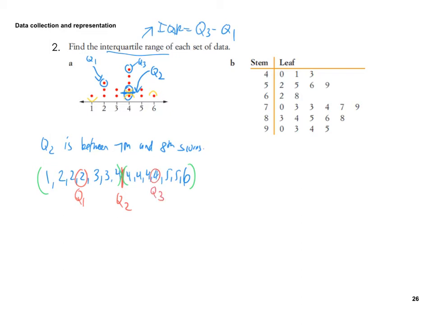Okay, so that's the same thing. This is on a picture, this is on actual numbers. But please know how to read this, because if you had like 50 numbers, you're not going to be doing this. Let's now answer the question. So IQR is Q3 minus Q1, which is 4 minus 2, which is 2.